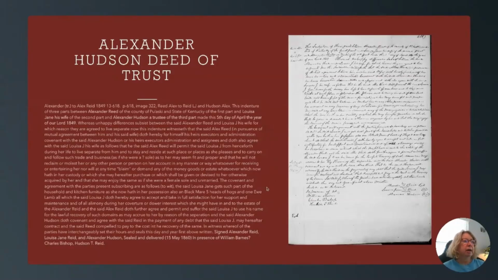And so Alexander Hudson, and they go on here, it sounds rather challenging here, actually. But Alexander Hudson has been appointed to be the representative between Louisa J. Reed and Alex Reed, and so they're separated.